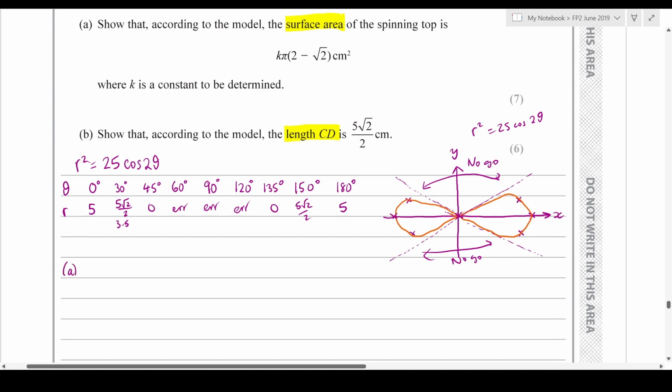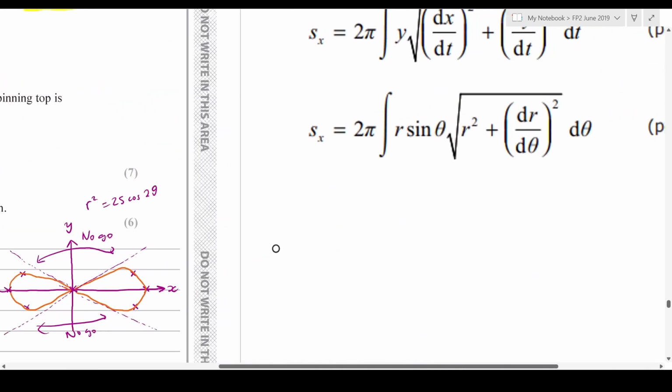So I want to evaluate the surface area, which I'm going to integrate between, the formula gives us alpha and beta, and it's 2 pi, and I'll put the r sine theta at the front, I tend to find it easier being at the front.